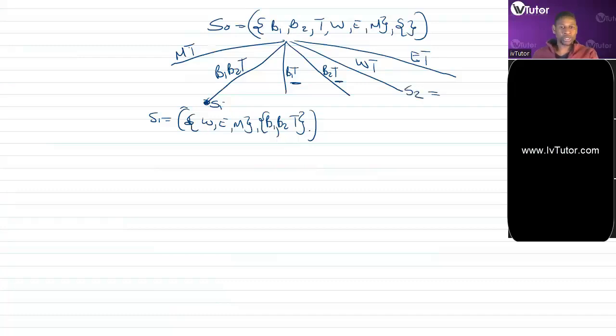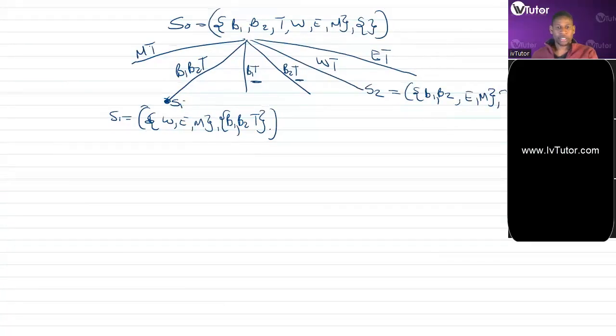It will be equal to, you're going to have the boys, W is gone, so you're going to have B1, B2, T, no, T is gone, so we have E and M, and then you can have W and T on this side. Do you follow what's happening?